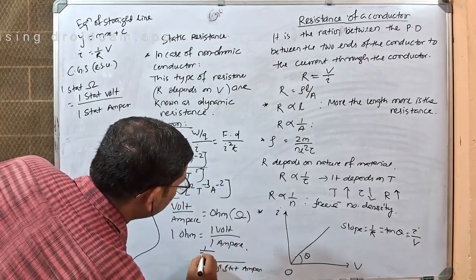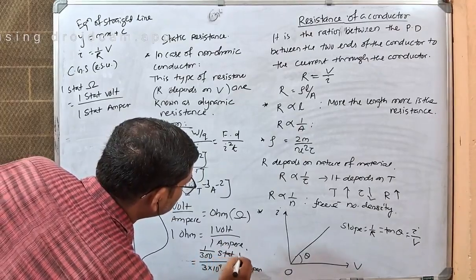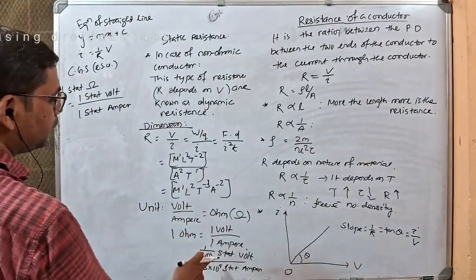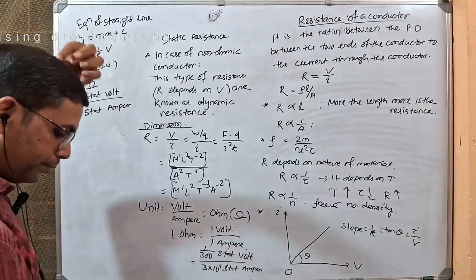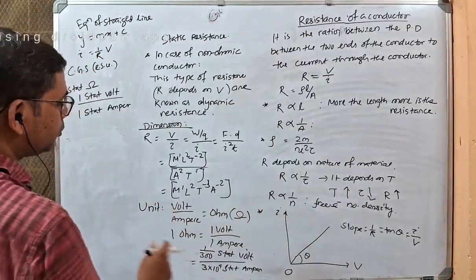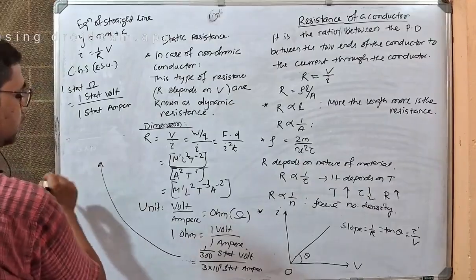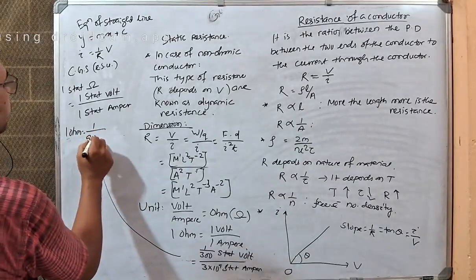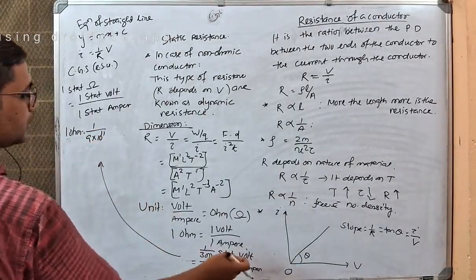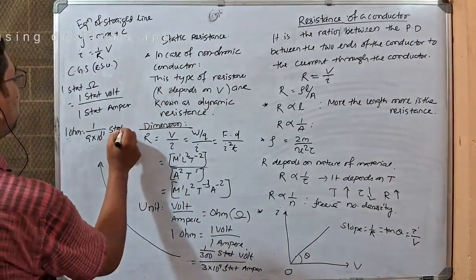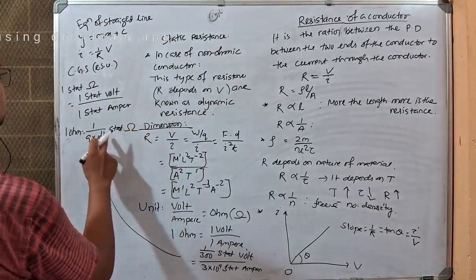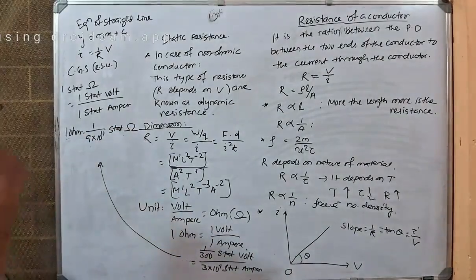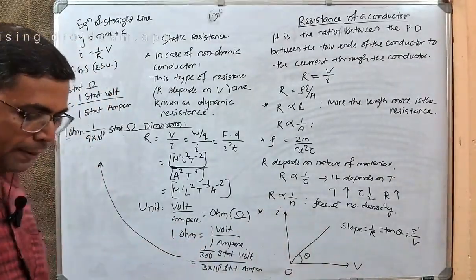And 1 volt is equal to 1 by 300 stat volt. So from here I can write, 1 ohm is equal to 1 by 9 into 10 to the power 11 stat volt by stat ampere, that is stat ohm. 1 ohm is equal to this much stat ohm. Okay.